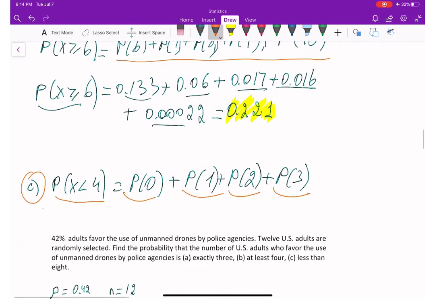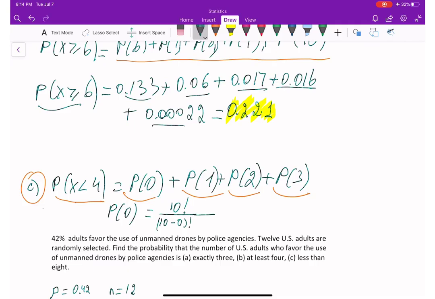Which means probability of 0 is going to be... First you need to calculate the probabilities of 0, 1, 2, 3, and then add them up. So I'll show you 0 one more time. It's going to be 10 factorial, because our total is 10, and then 10 minus x, our x is 0, right?